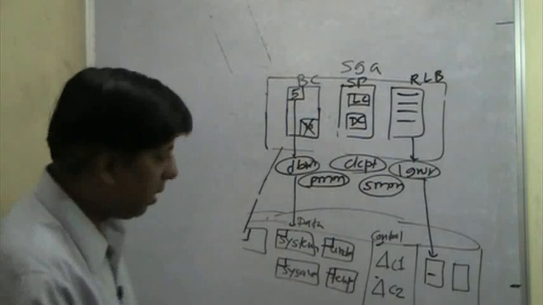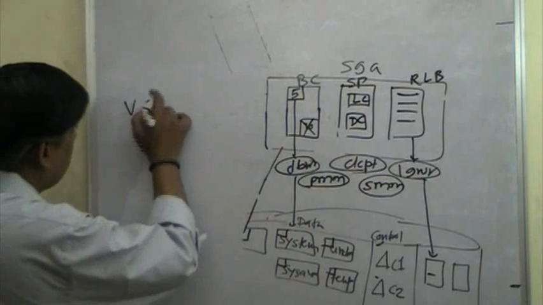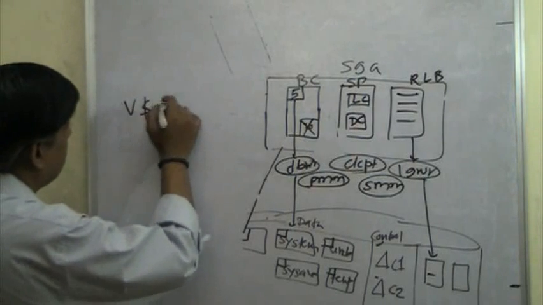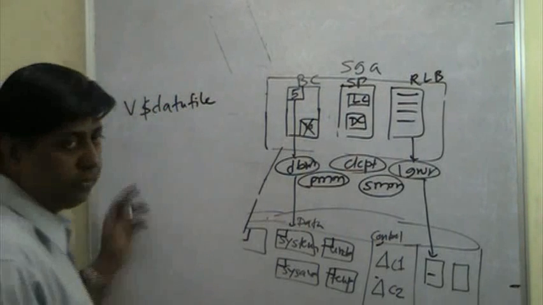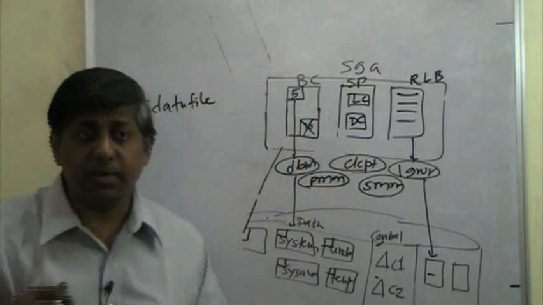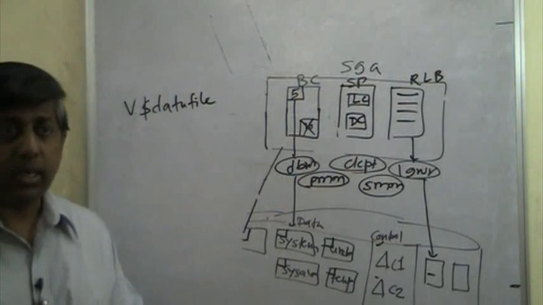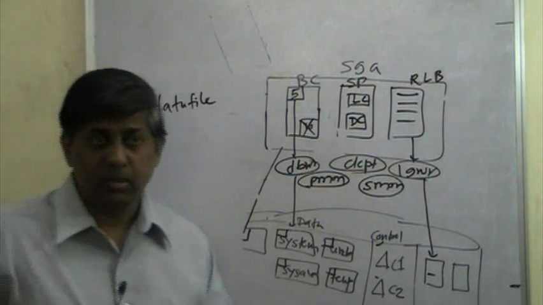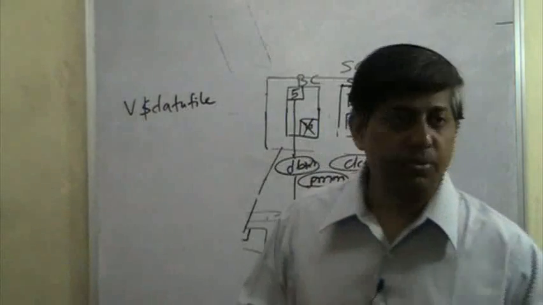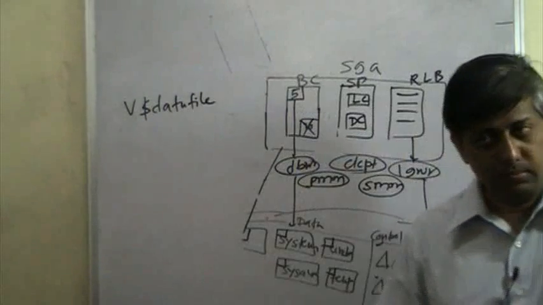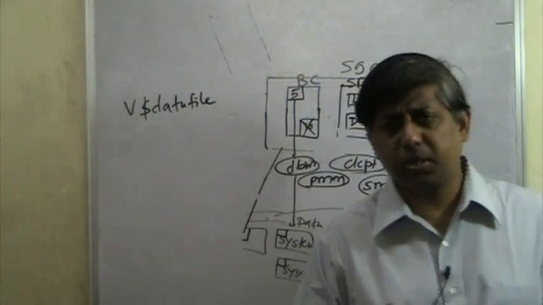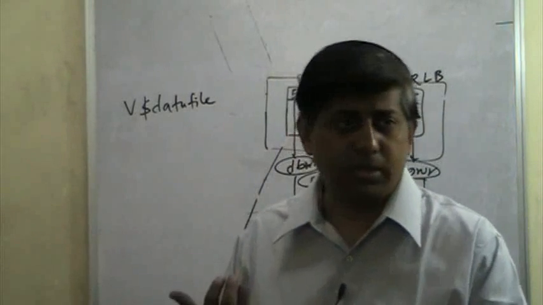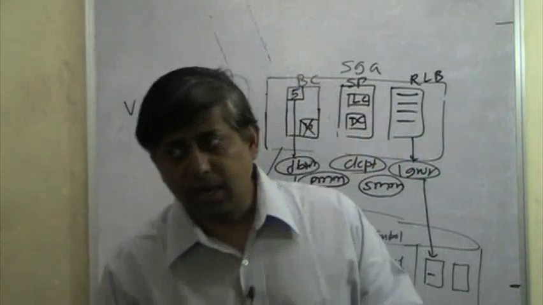Either way, how do you find it out? Go to V$DATAFILE. V$DATAFILE will give you sizes of each of the data files, and you need to add that up. V$DATABASE will not tell you the size of the database. It will tell you the information of the database, right? Information about what is the unique ID for the database, called the DBID. There is a unique ID for each database.